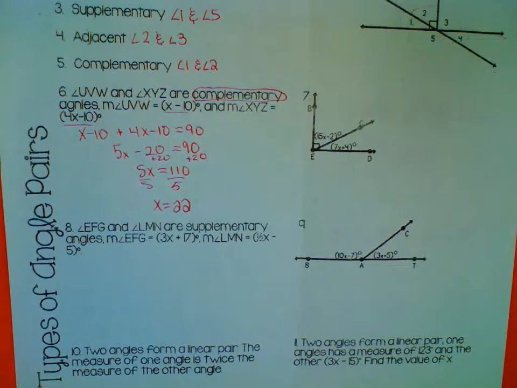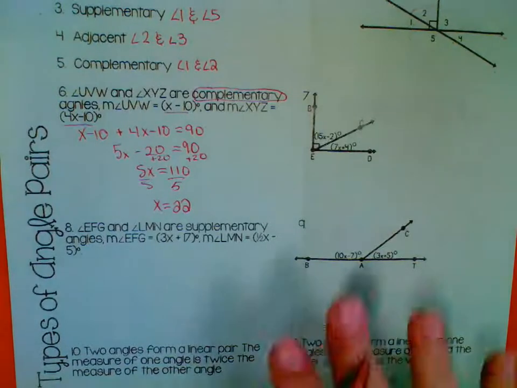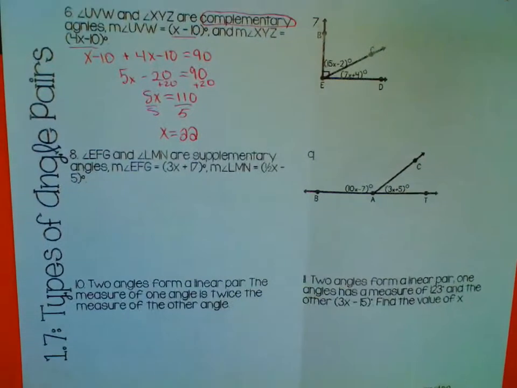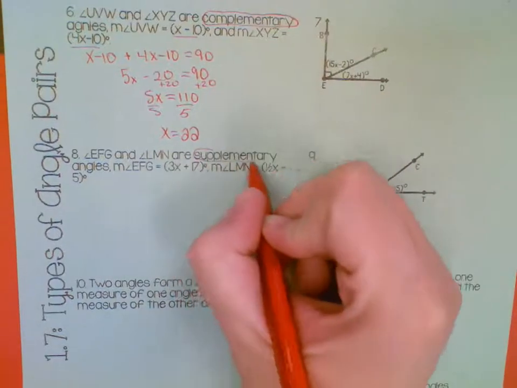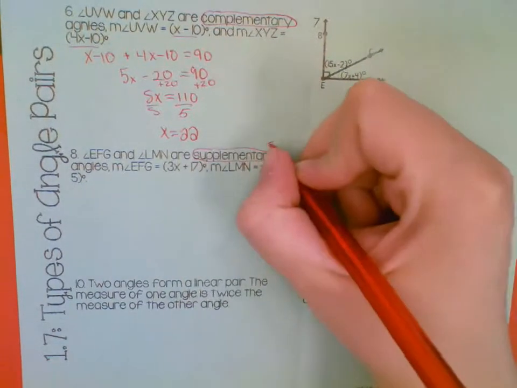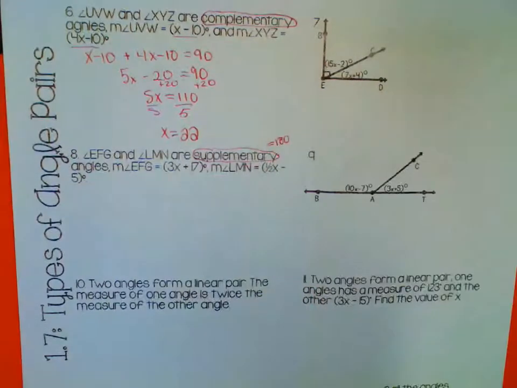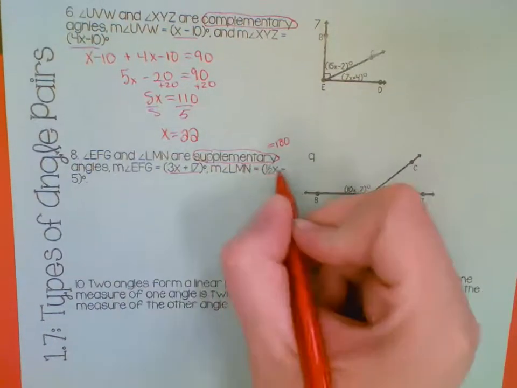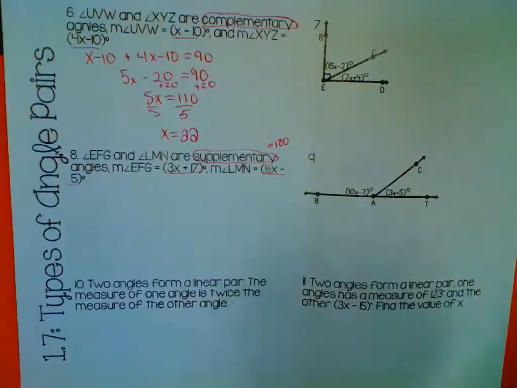Okay, so let's skip down to 8. We'll go down and then you guys can do the ones that are over. For 8, it says that they're supplementary. So we know that supplementary, keyword here, means that they equal 180. So that means we'll take our pieces and set them equal to 180.